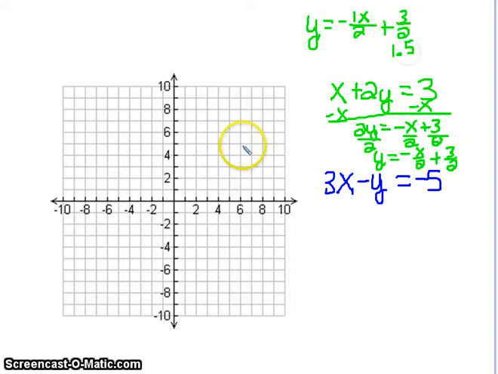We're not always going to have perfect numbers, so we might as well get used to that. 1.5 is going to be right here in the middle. Negative 1 over 2 is my slope, so that means I go down 1 and right 2.